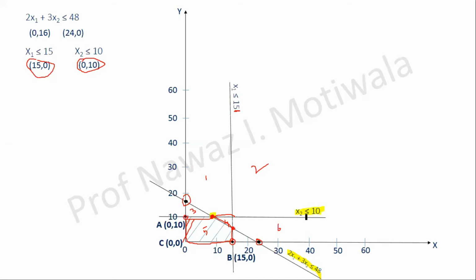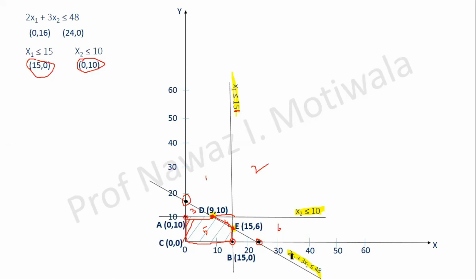So I will substitute x2 equal to 10 in this equation and get the coordinates of that point, D, as (9, 10). Similarly, this point is the intersection of this equation and x1 less than 15. So I will put x1 equal to 15 in this equation and get the coordinates of this point E as (15, 6).